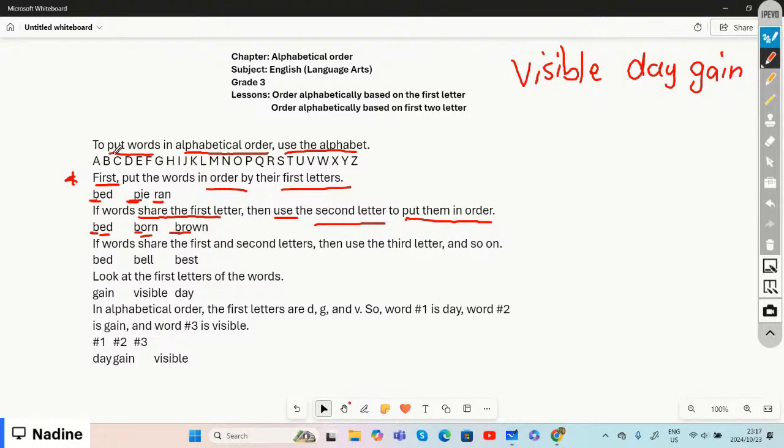Since day is before anything else, we say D for day comes first, then gain, and then only visible. So D, G, and then V.